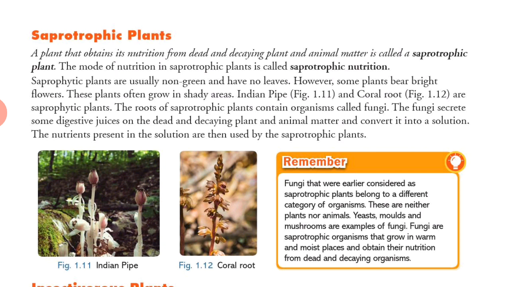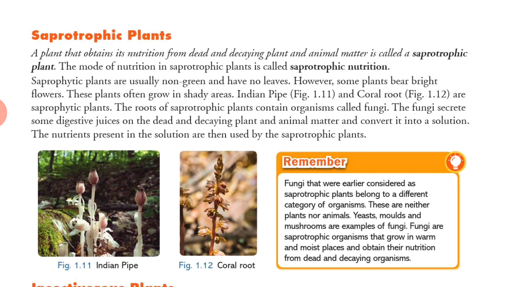These are saprophytic plants. The roots of saprophytic plants contain organisms called fungi. Fungi secrete some digestive juices on dead and decaying plant and animal matter and convert it into a solution.